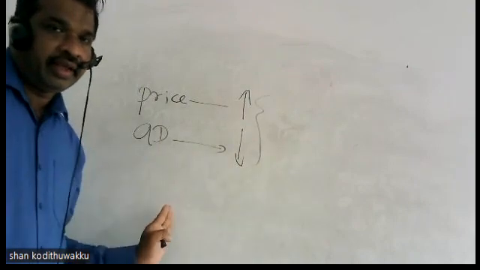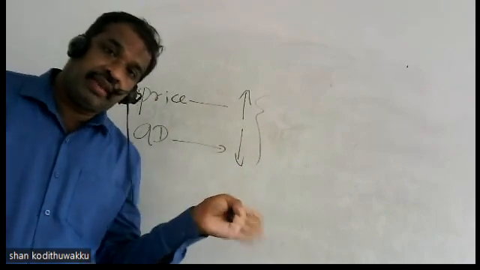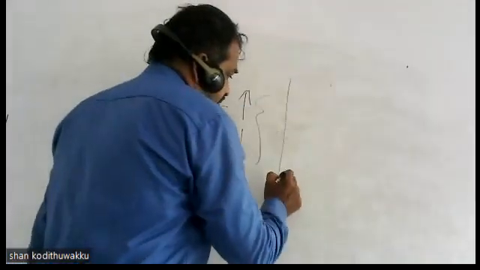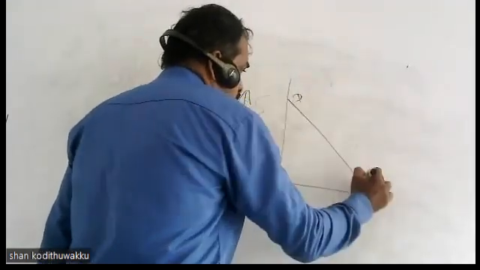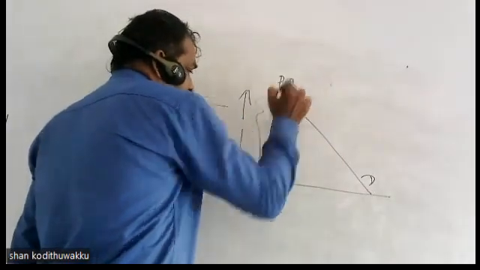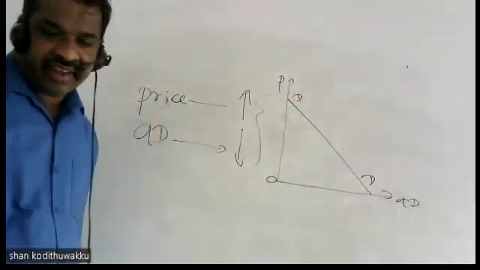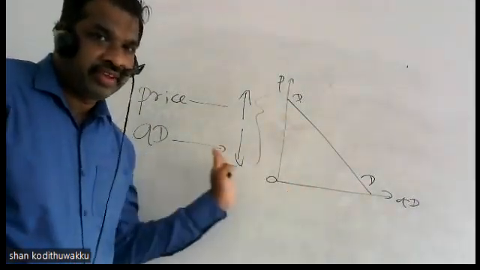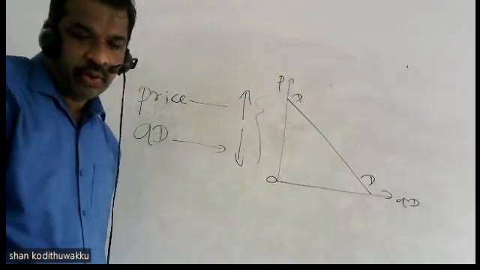When the price decreases, there will be increase in quantity demanded, not increase or decrease in demand. If we take a diagram, this is your demand curve. Here price, here QD. At the examination for this question, you don't need to draw the diagram and explain. You have to just explain briefly the reason, because you are given two marks.